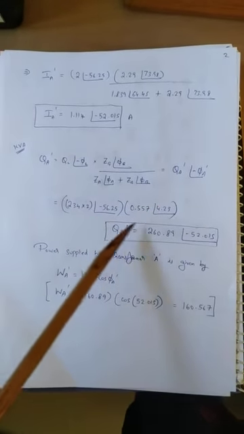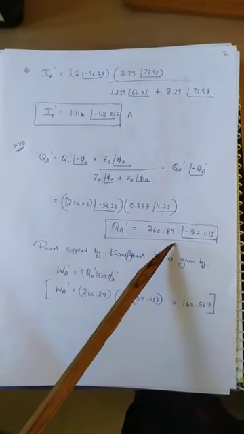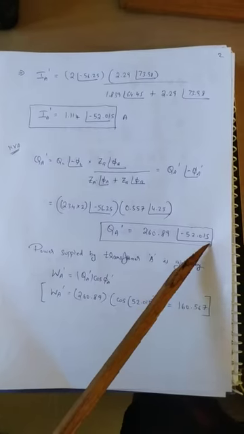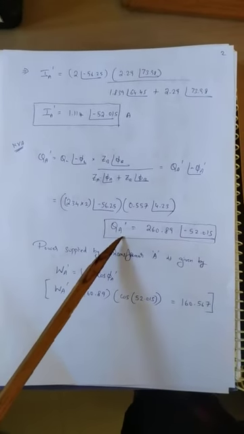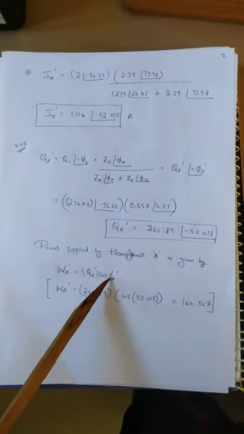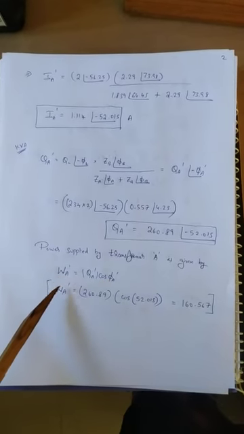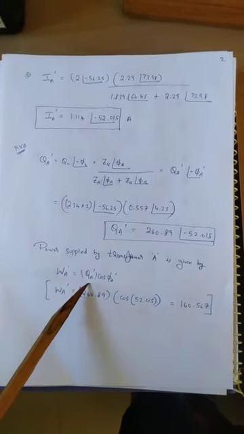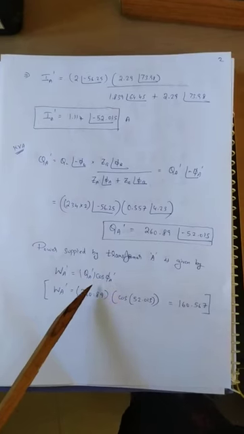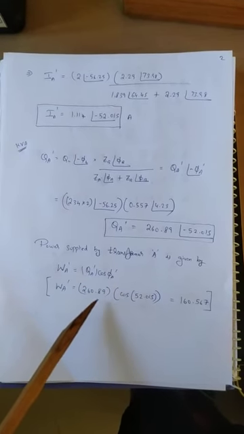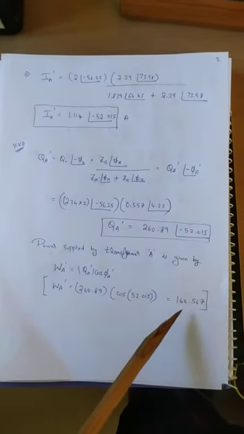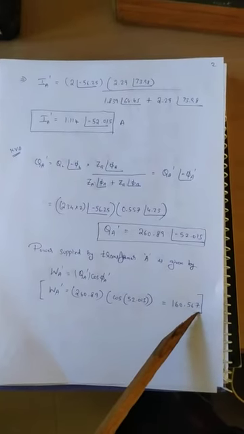If we substitute the same, we get 260.89 at an angle minus 52.015. After getting kVA, if you multiply kVA with cos phi, we should be getting the power supplied. So WA dash will be QA dash multiplied by cos phi A dash. If you multiply the same, we have 160.567 watts.